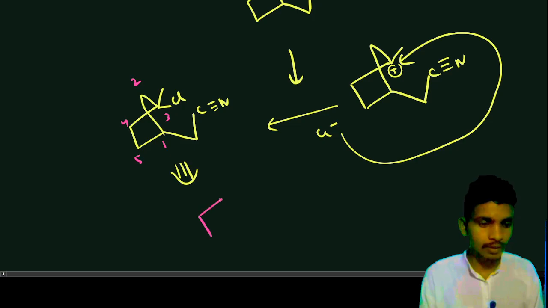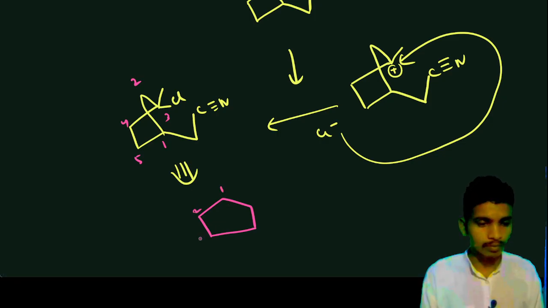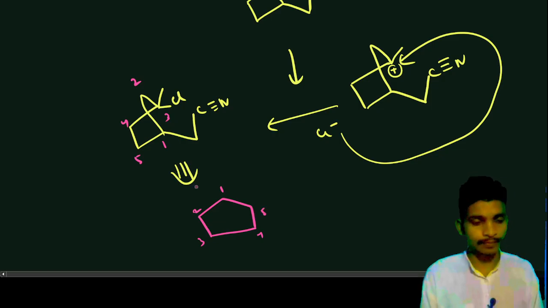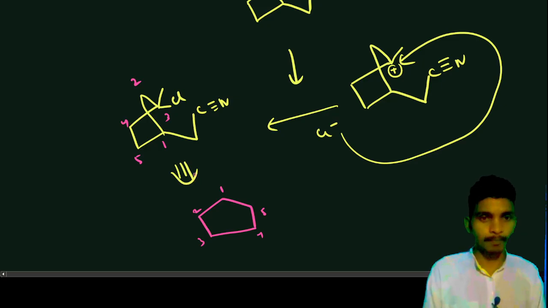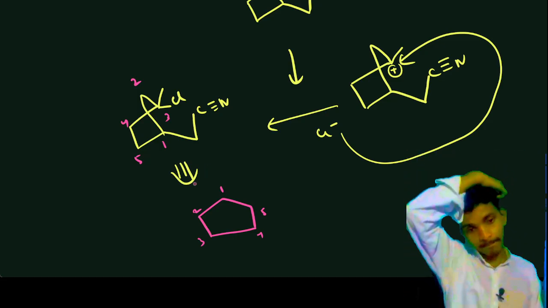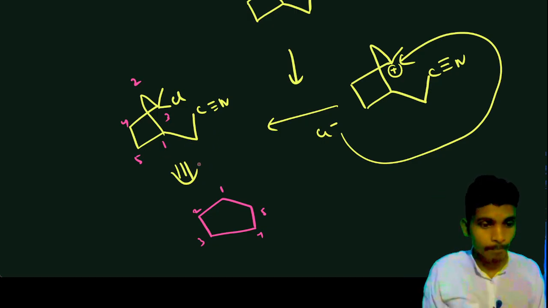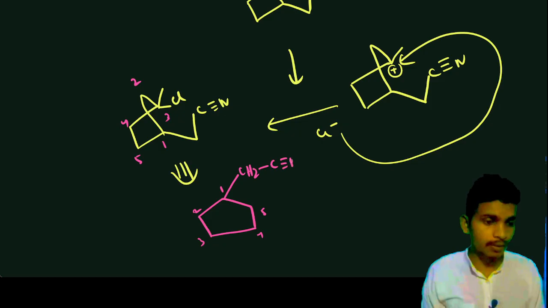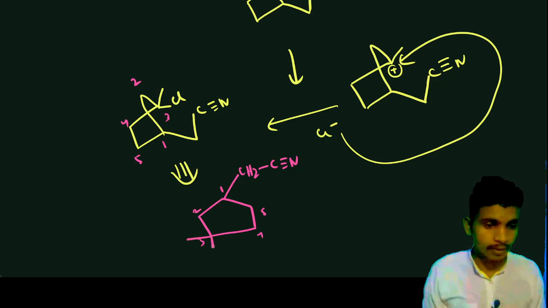So I convert this into the 5-member ring, and it has this CH2 and this C triple bond N, and on position 3 I have the methyl here, and here I have chlorine.